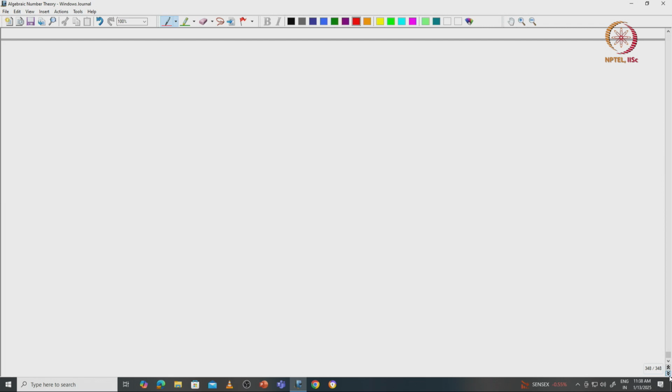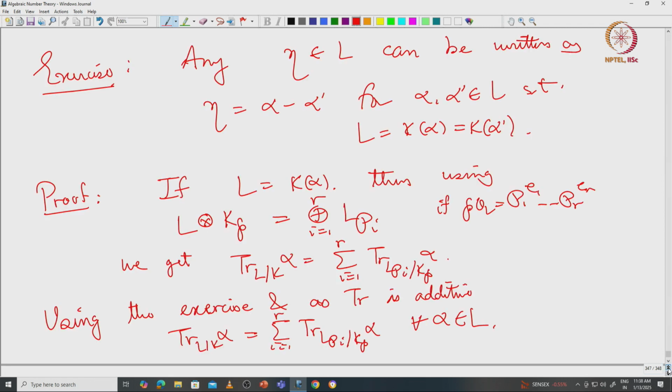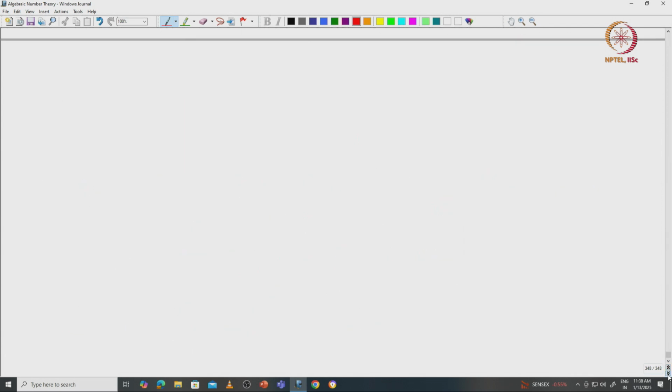Now we have related local traces to global traces. That is a good starting point because the different is defined in terms of traces.